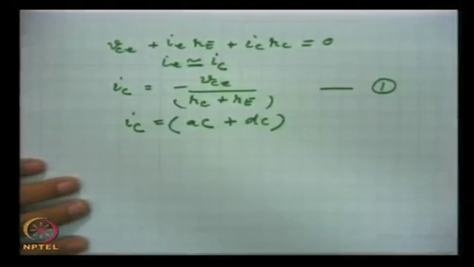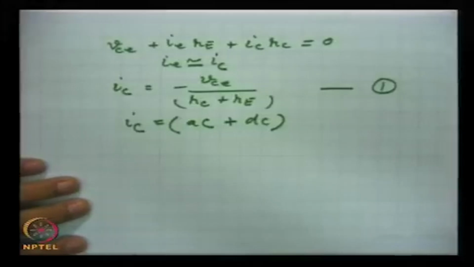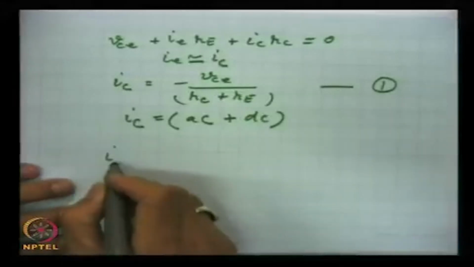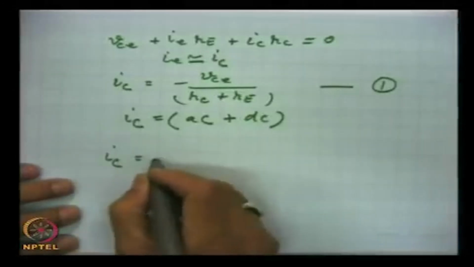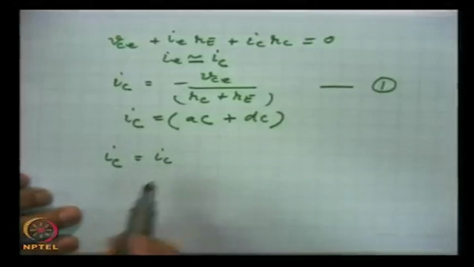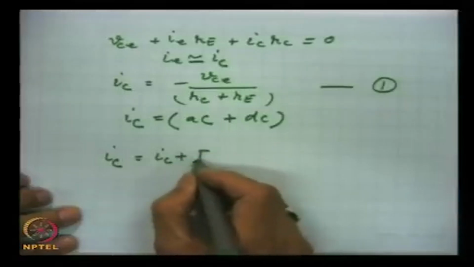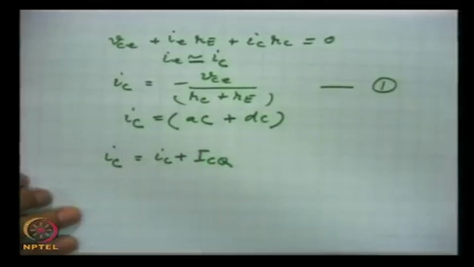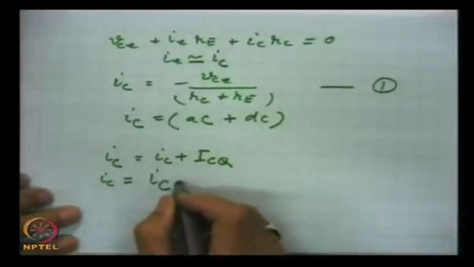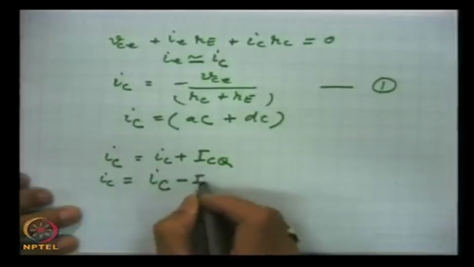Hence we can write for the total current and total voltage at the output circuit of the amplifier: ic, with a small c, is the AC component of current, superimposed over DC, and from here ic is IC minus ICQ.